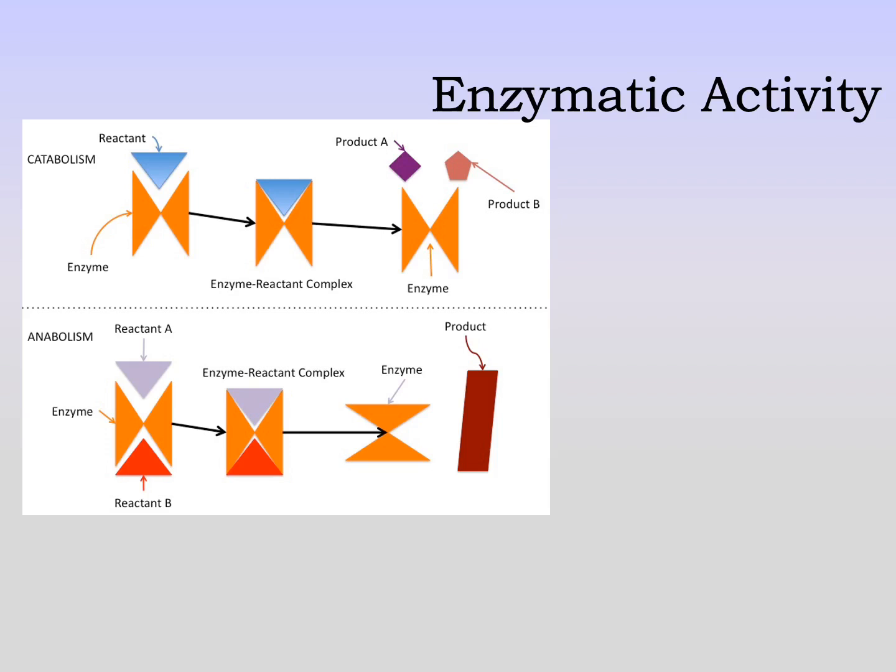With the anabolic reaction, I start with two different reactants, they interact with the enzyme, it does its conformational change, forcing the two molecules to interact with each other, and thereby forming the larger product. The whole key here is that the product cannot fit into the binding site on the enzyme and thereby gets ejected out.